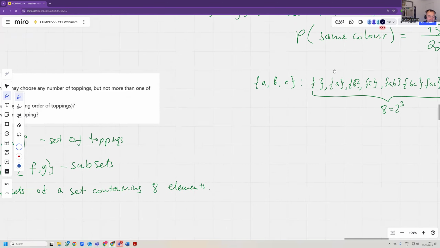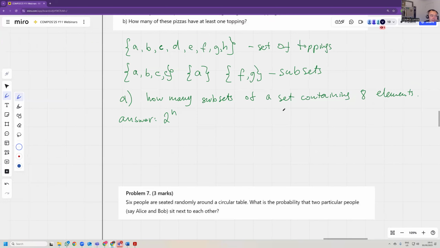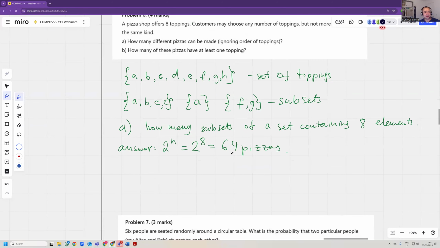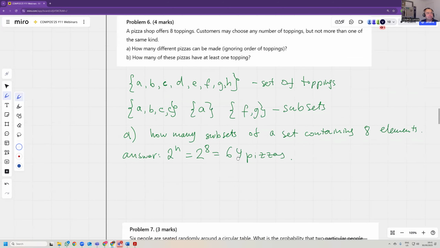So with 8 toppings, that's 2 to the power 8, which is 64 pizzas. Except if you're like me, and I always order pepperoni with pepperoni. But that's not allowed, to have 2 toppings of the same type.